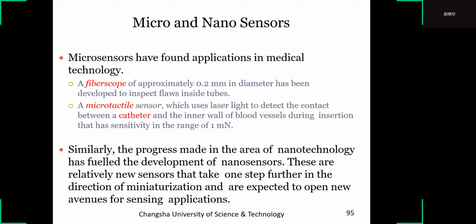Micro and nano sensors. Microsensors have found application in medical technology.